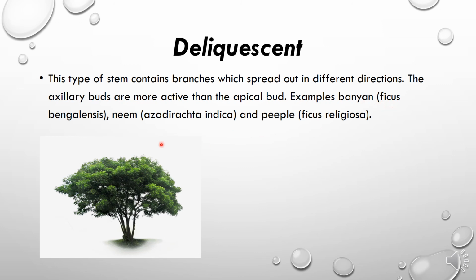Examples are banyan tree, neem, and peepal. These are very common trees found around us, and deliquescent branching is a very common type of branching we can see around us.